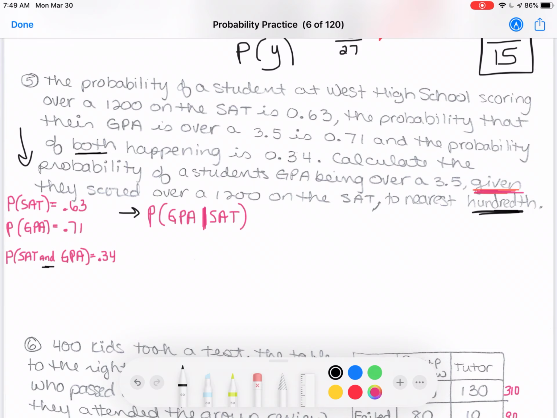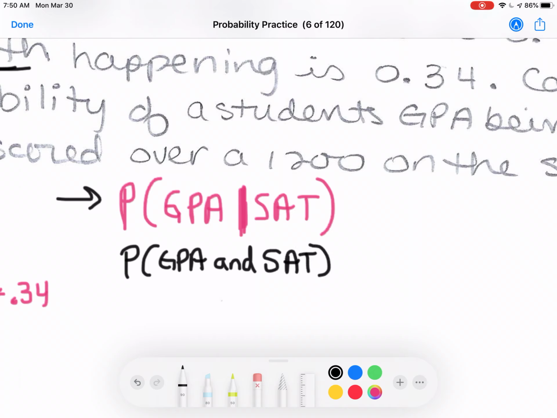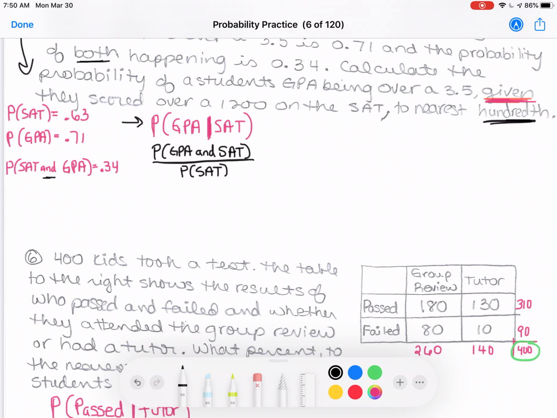Okay, what's the first thing we do? We take out that little given guy and change the formula. The probability of GPA and SAT, and then we divide through by the second piece, probability of SAT. And then we simply just plug in our info. So this is nice. There's no top-bottom in this because they made them decimals.